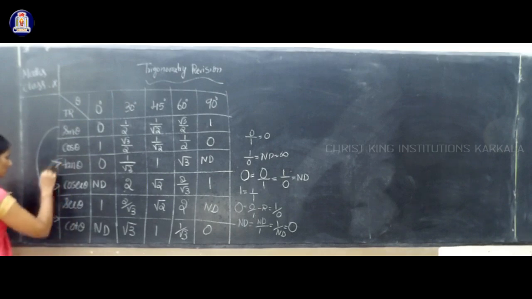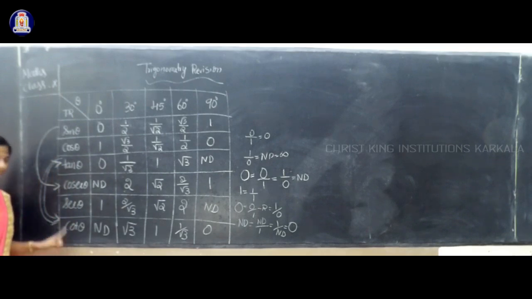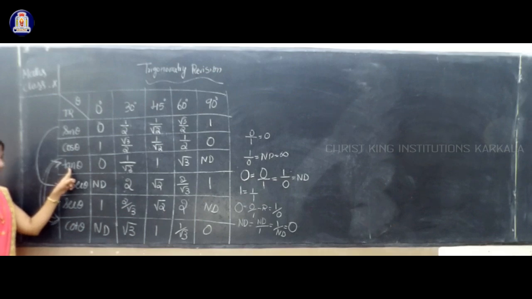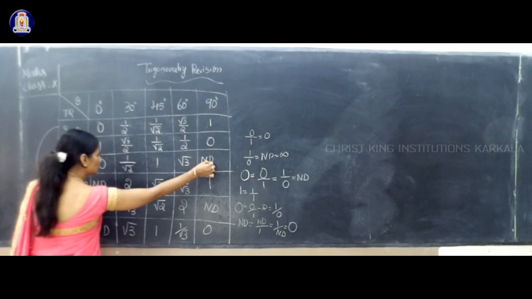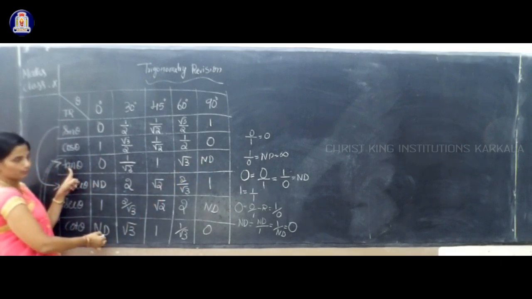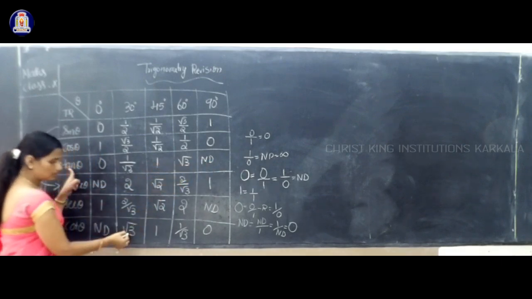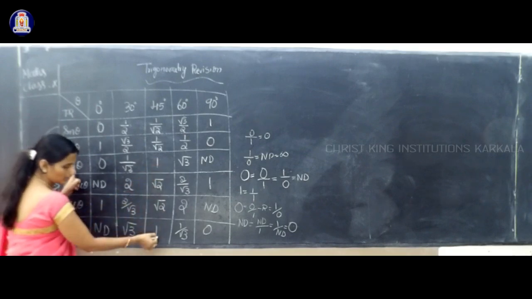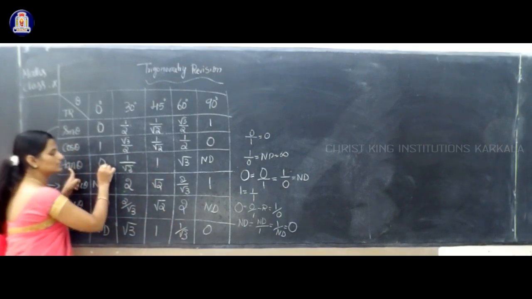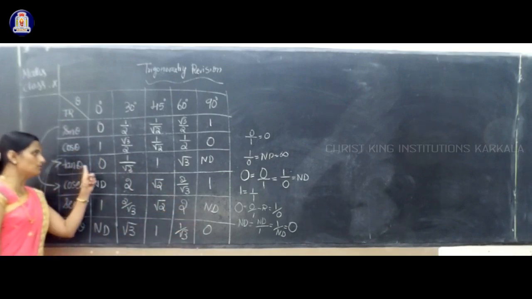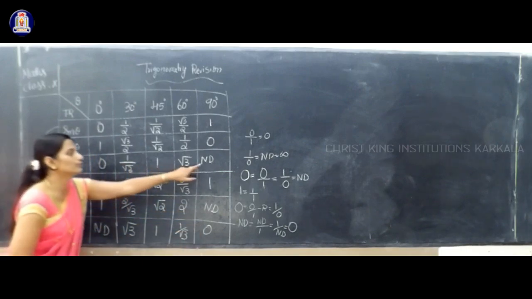Otherwise, there is one more method. Instead of taking the reciprocal of tan, start from the tan values: 1, then 1 by root 3, and 0.